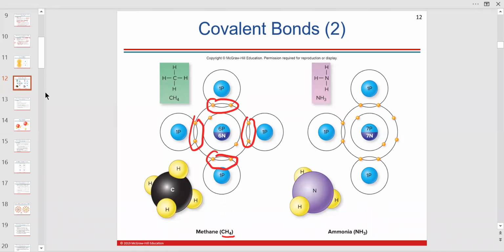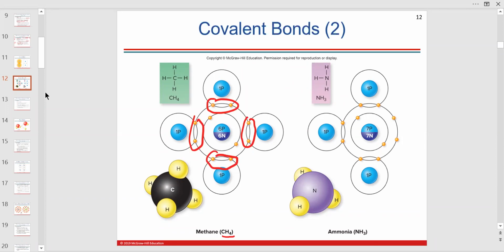We're sharing. Okay, they're sharing 4 pairs of electrons covalently. And I have to say that, and I remember this, that these covalent bonds, especially the nonpolar covalent bonds, are the strongest bonds you could have. Stronger than ionic and definitely stronger than hydrogen bonds, which is probably the last one that your book will talk about.